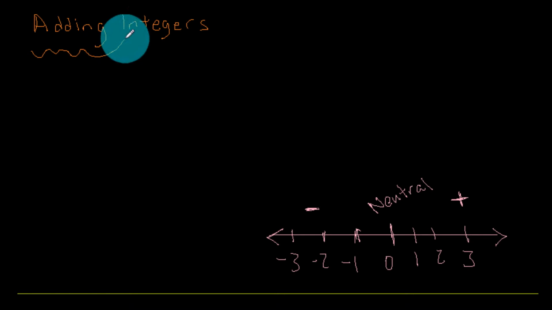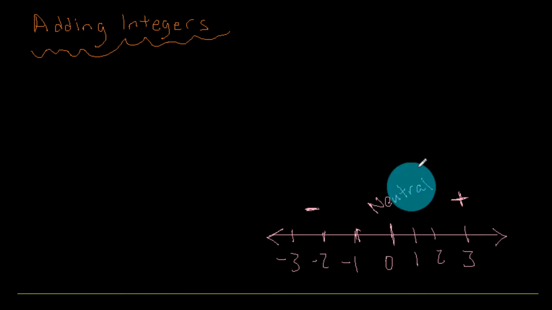Go ahead and underline that. So to add integers, you always start at 0 on your number line, and if you're dealing with positive numbers, you will move forward or to the right in a positive direction to the indicated numbers that are given in your problem.